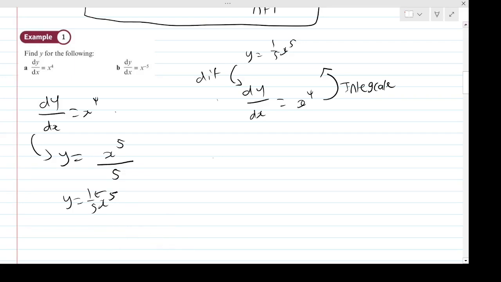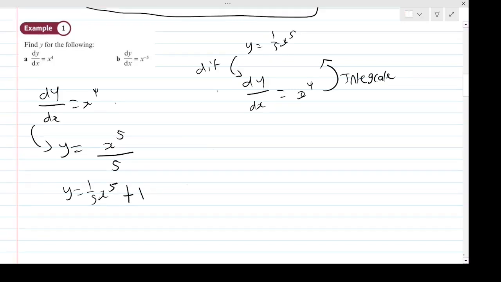If we get our original function for y, if we differentiate, we should get back to this. That's what we're doing. But what if I add a number, 2 or 1, for instance? Let's differentiate this then.